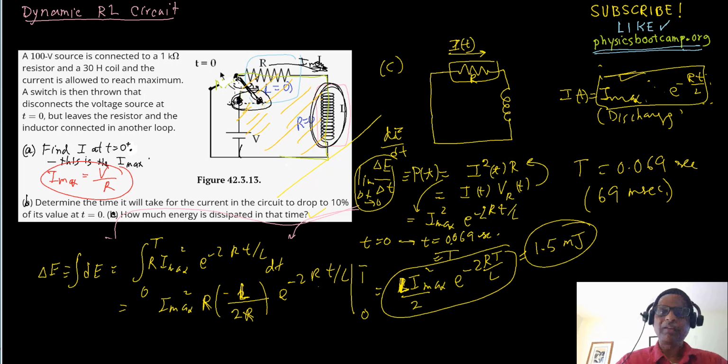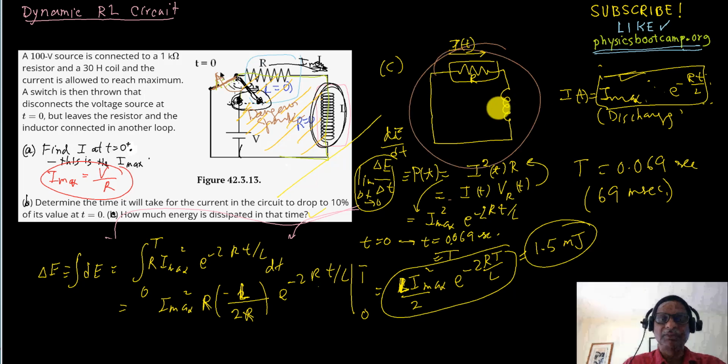This can cause big injury. That's why whenever you have a high inductance circuit, you would want to have an alternative path for current to end up decaying in this manner.